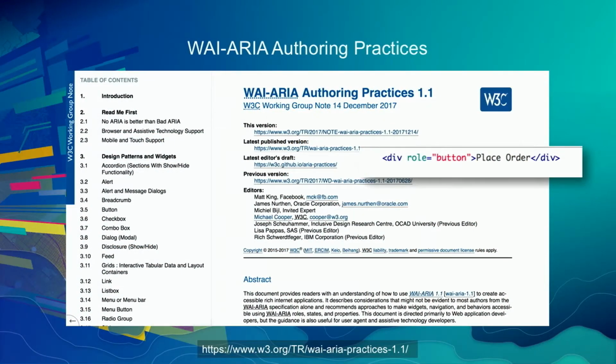So WAI-ARIA authoring practices work hand in hand when you're thinking about doing a screen reader test. The key thing is making sure that the components within your page actually have specified roles. They say something in the guidelines about keeping your promise when you state the role of that component.